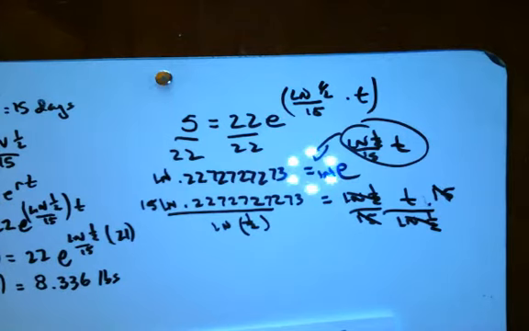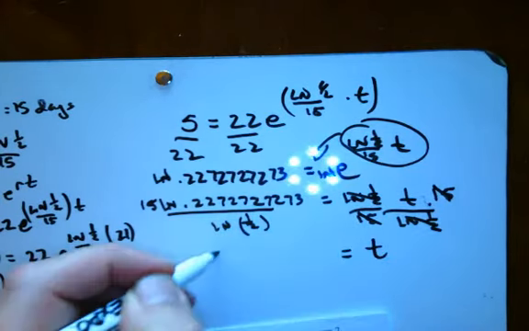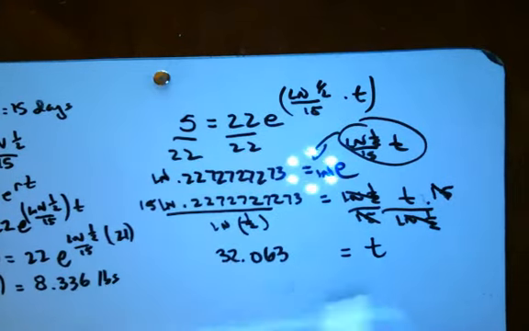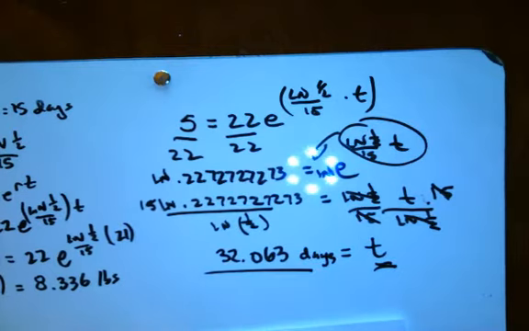So I want 15 ln of 0.227272773, divided by ln of a half. I end up with t equals 32.063, and these are days, remember. So 32 days until there will only be 5 pounds of gnome left.